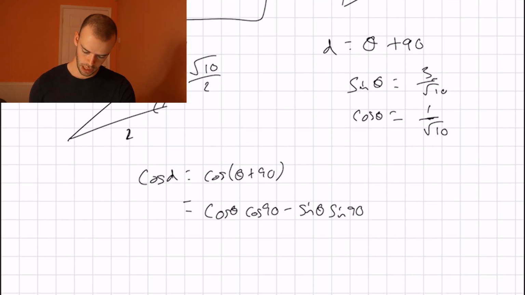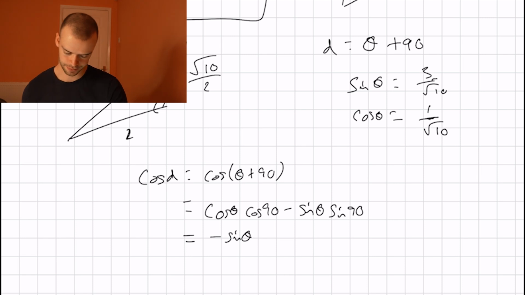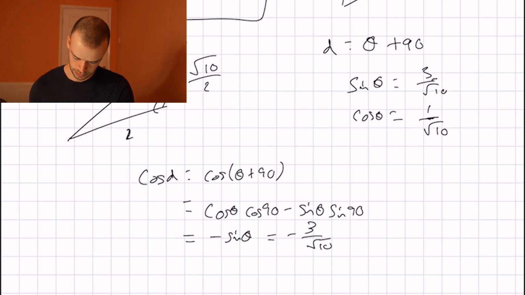Cool. What does cos 90 equal? Cos 90 equals 0, so this gets cancelled out. Sine 90, what does that equal? That equals 1. So we're left with minus sine theta. And we know what sine theta is. It's 3 over root 10. So we have minus 3 over root 10 for what cos alpha equals.